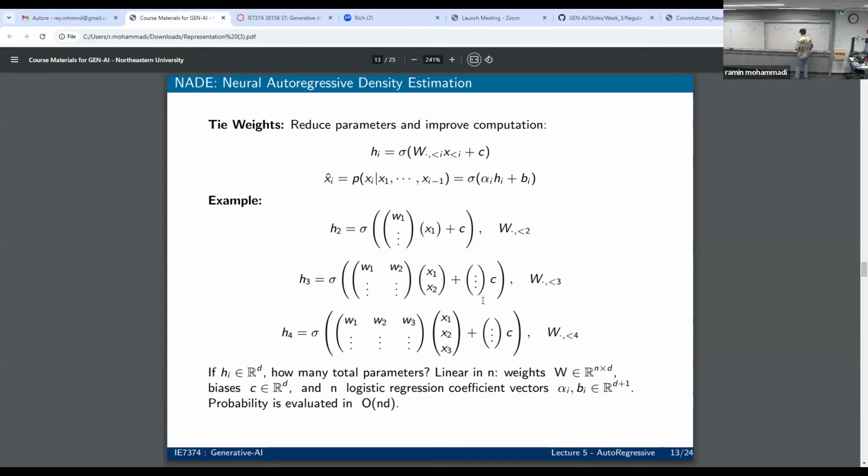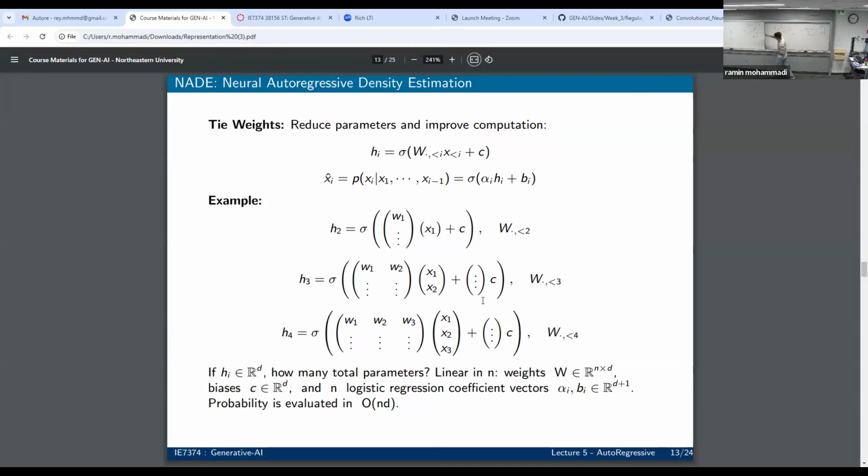Instead of learning an individual A, we are going to define a matrix W, and this W is D by N. If you have N pixels that you want to predict, you have D dimensions for each pixel. This is fixed across every pixel. If I'm trying to predict the value for pixel number 2, H2, I look at this matrix W and only pick the columns whose index is less than 2, basically only the first column.